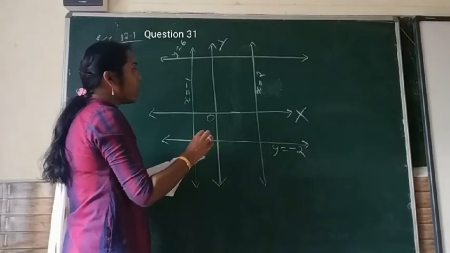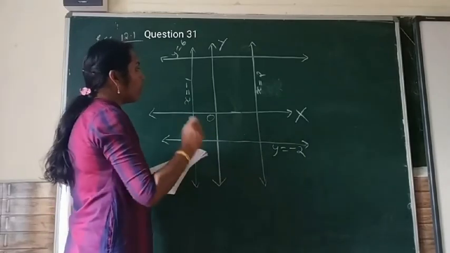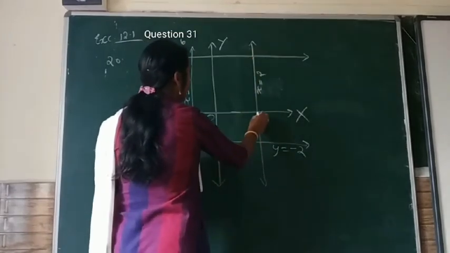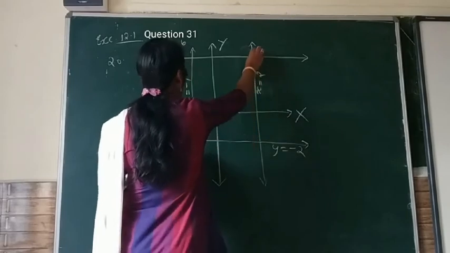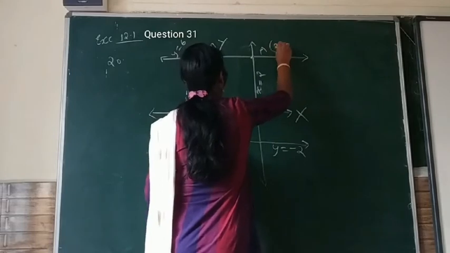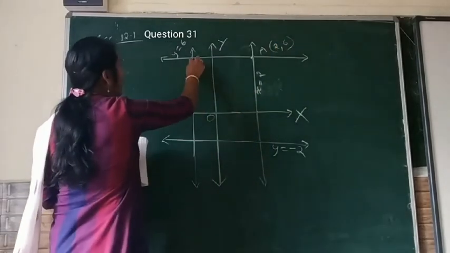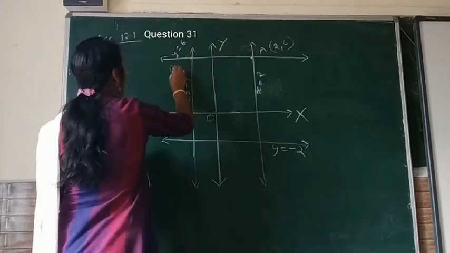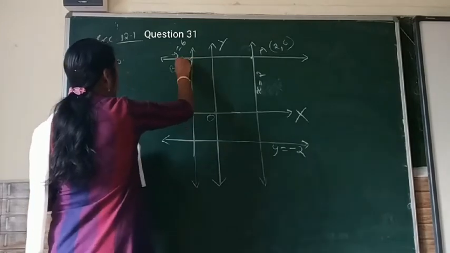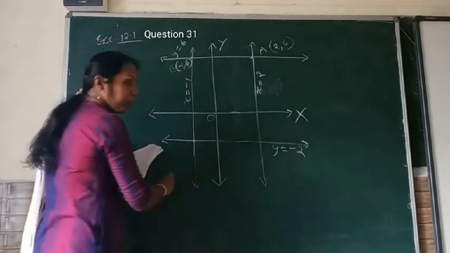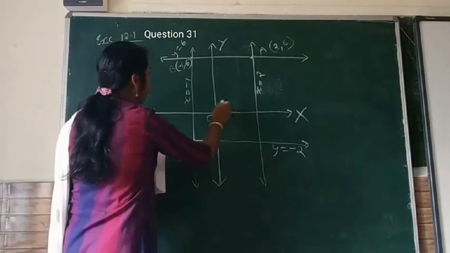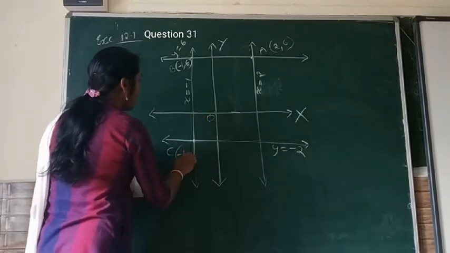Now from these sides we can find out the coordinates of the vertices of this rectangle. This coordinate can be obtained as we know that the value of x here is 2 and the value of y here is 6. So this can be taken as A (2, 6). Similarly, this vertex can be taken as B (minus 1, 6) and this vertex can be taken as C. The value of x here is minus 1 and the value of y here is minus 2.